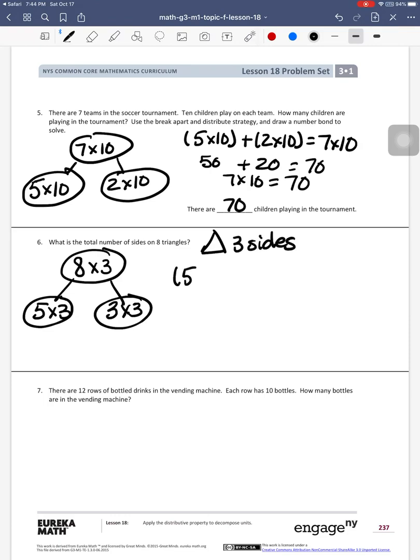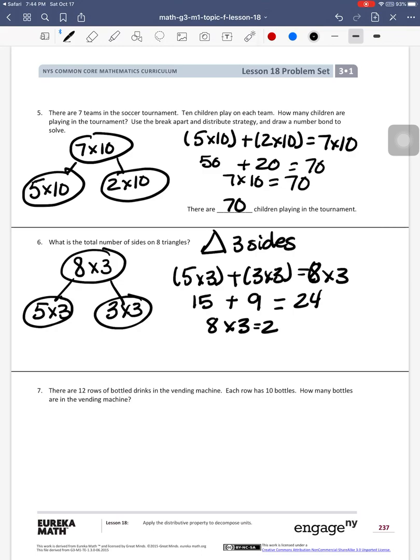So I can say 5 times 3 plus 3 times 3 equals 8 times 3. And then 5 times 3 equals 15. And 3 times 3 equals 9. So 15 plus 9 equals 24. Or 8 times 3 equals 24. There are 24 sides on 8 triangles.